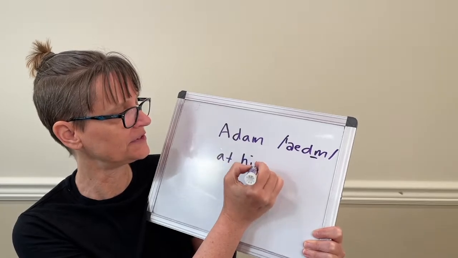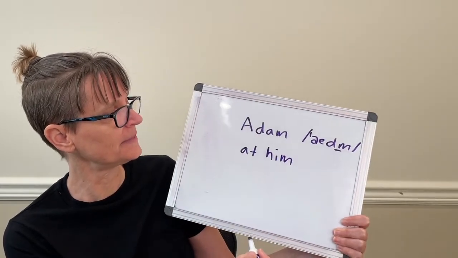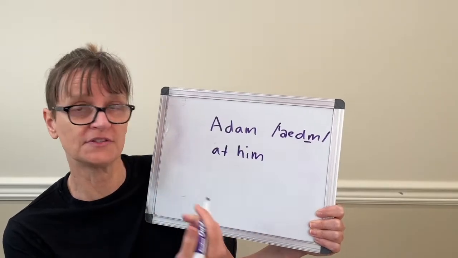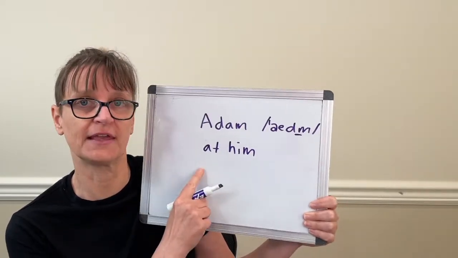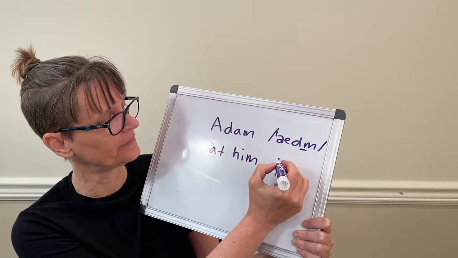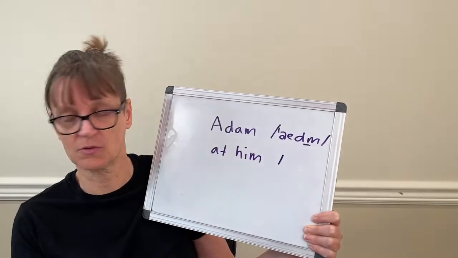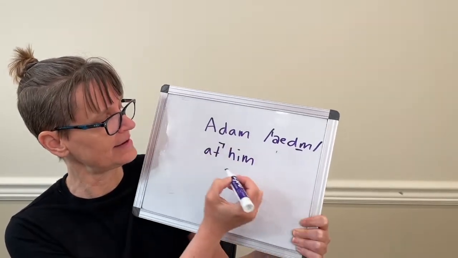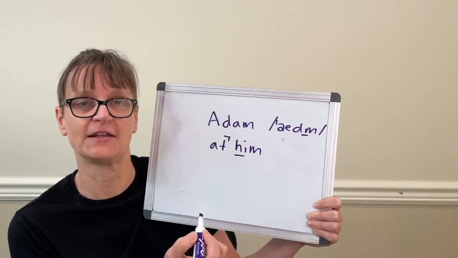so I was looking at him, we can do this the same, so I can either say I was looking at him, where I would have at with a stop T. Two ways. One is I would use a stop T, at him, if I'm saying the H sound, at him.